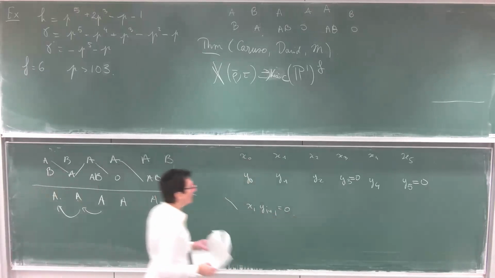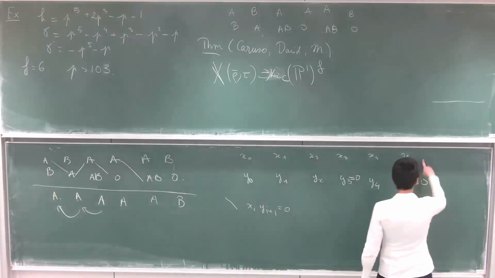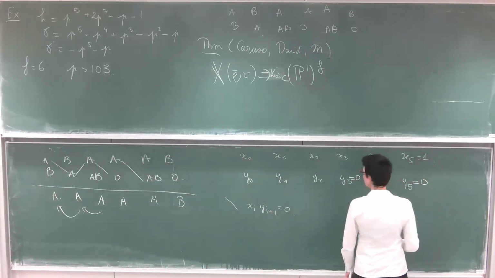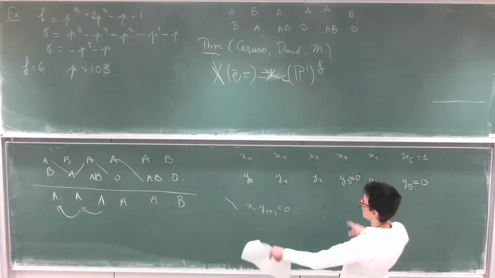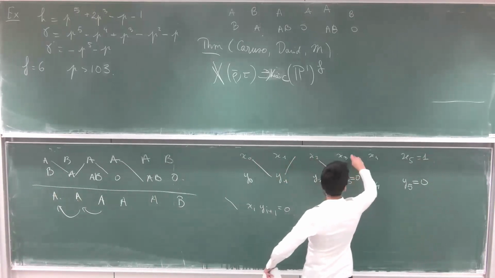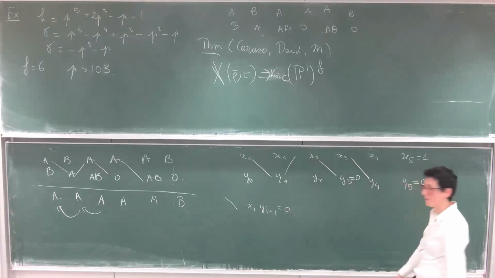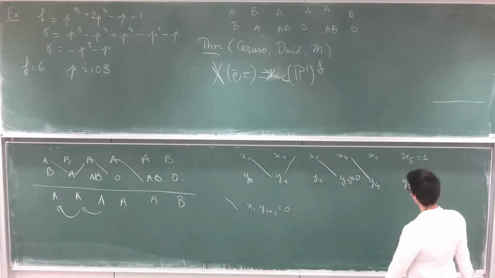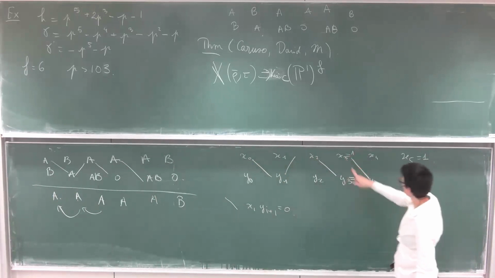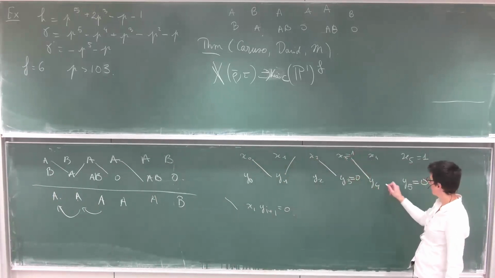Okay. So here I have an element of P1. Since this one is 0, I can assume that this one is 1. But since the product of these two is 0, this one is 0.